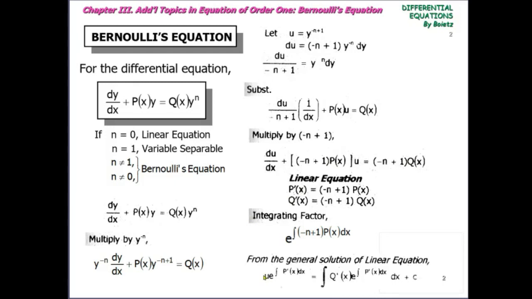So magiging u times the integrating factor, e to the integral of p prime x dx, is equal to the integral of q prime x times the integrating factor dx plus c. So ito yung linear to ha, this will become linear. That is the general solution for linear equation. Then substitute u.